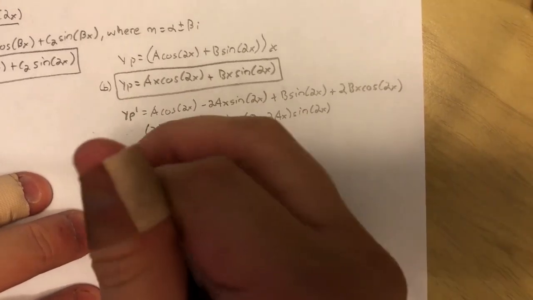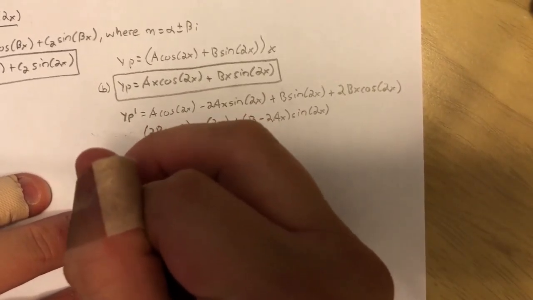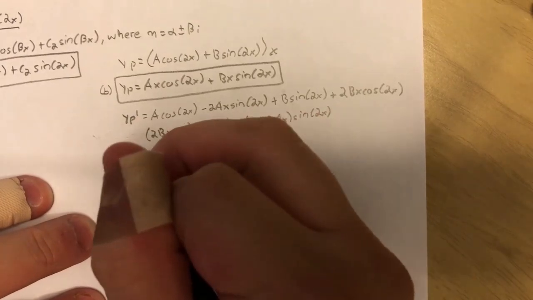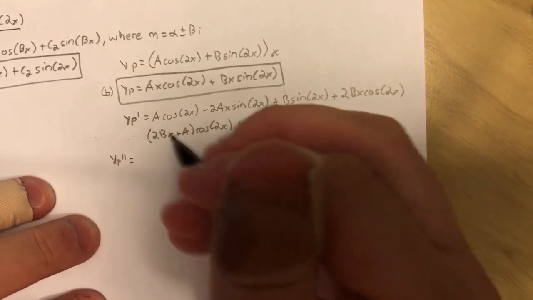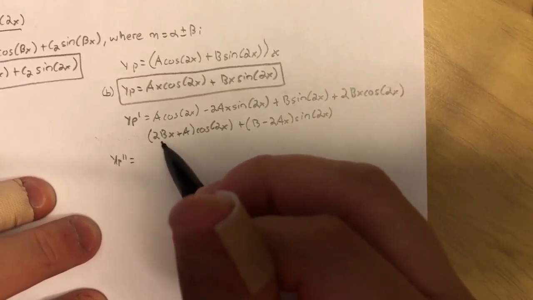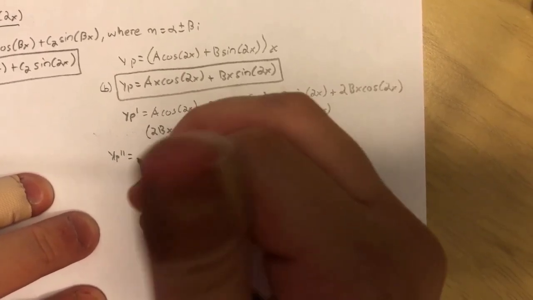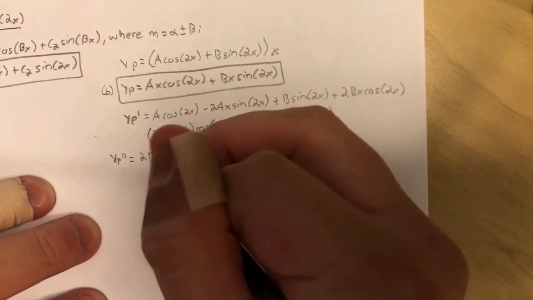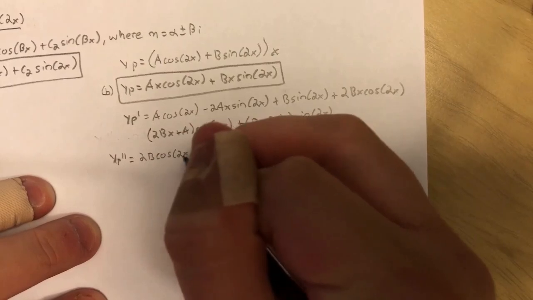So I'm gonna shift this over a little bit just to have some room. So the second derivative is, again, product rule. So the derivative of this first term is 2b cos 2x.